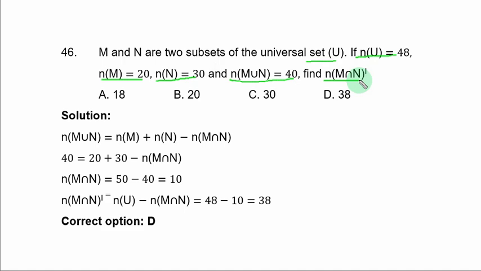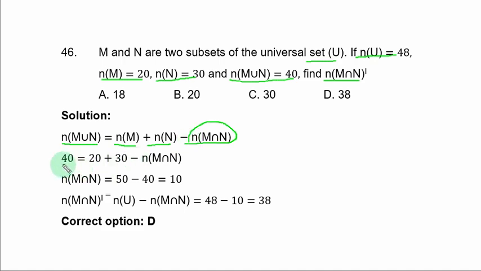First, we have to get the intersection of M and N before the prime. From a simple rule for two subsets, the number of elements in the union of M and N is equal to the number of elements in the first subset M plus the number of elements in the second subset minus the number of elements in their intersection.